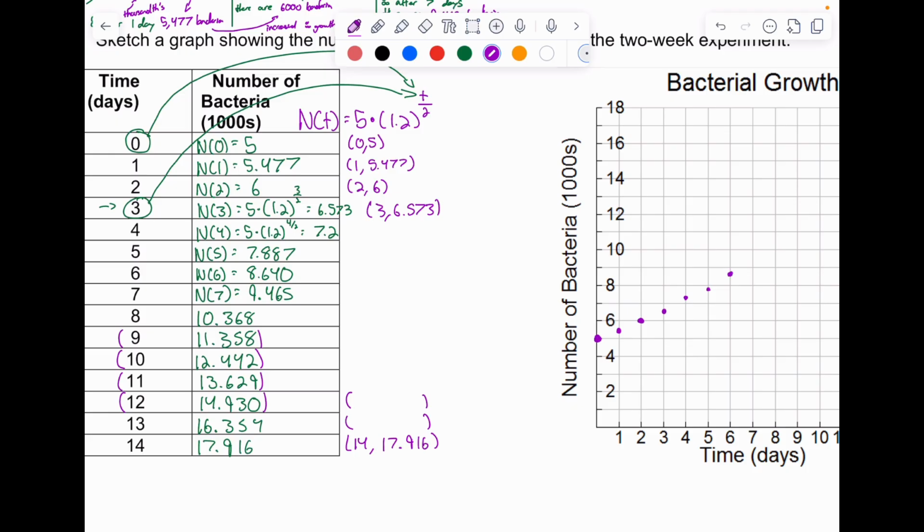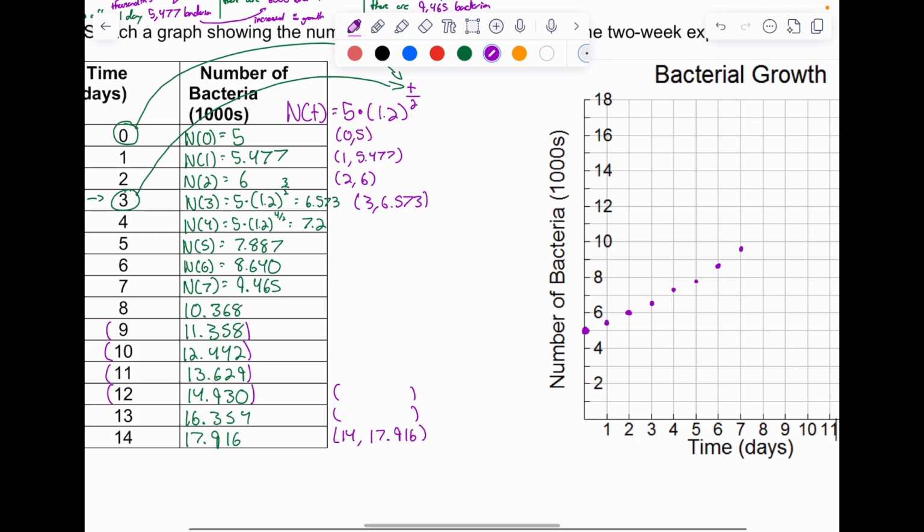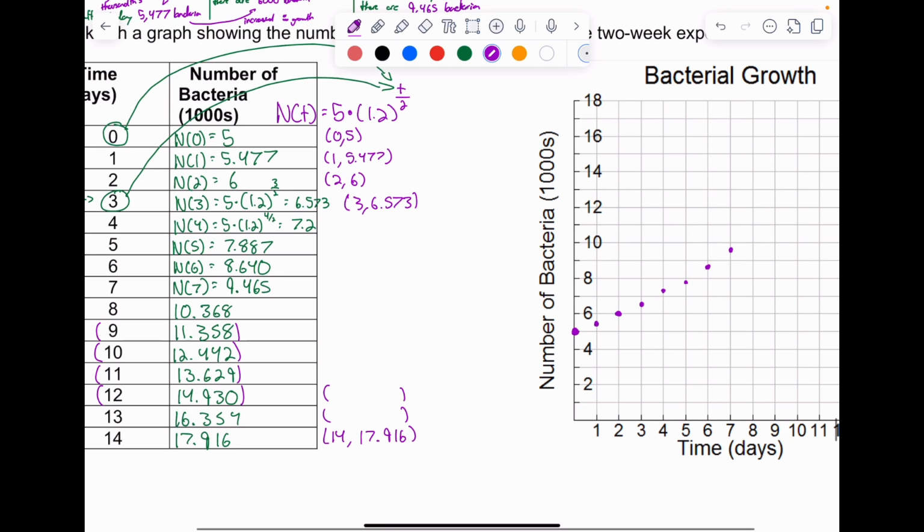7 is 9.5 almost, so halfway right there. And then 8, you're at 10.4 roughly. It's like right there. 9 is 11.35.